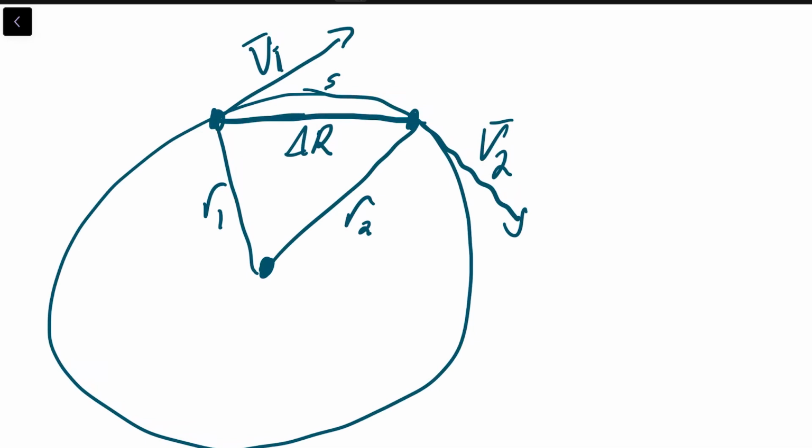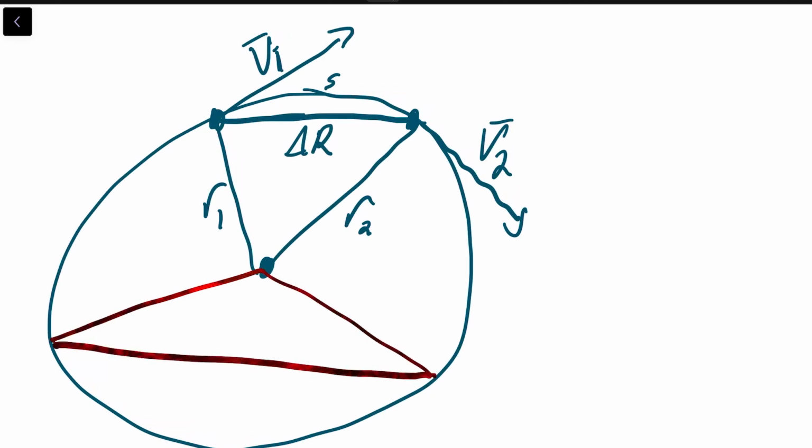So for example, if you take 2 points that are wide apart, like here and here, the change in radius here is not very similar to the arc length between those 2 points, because that big curve throws everything for a loop.